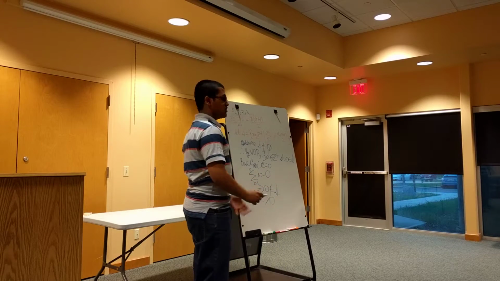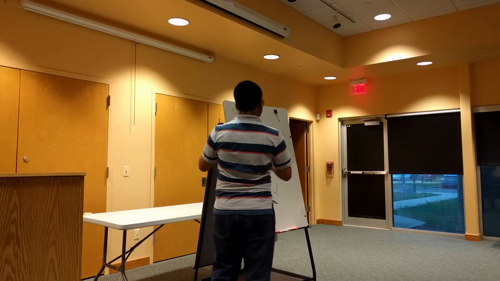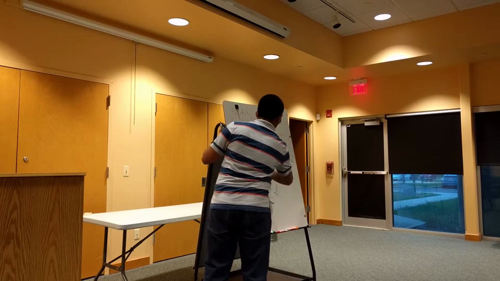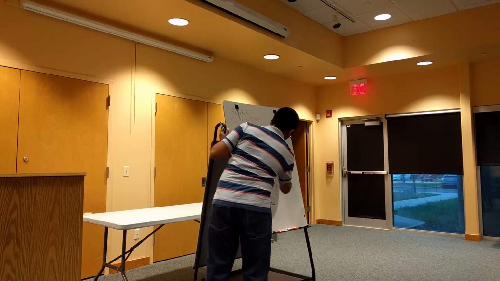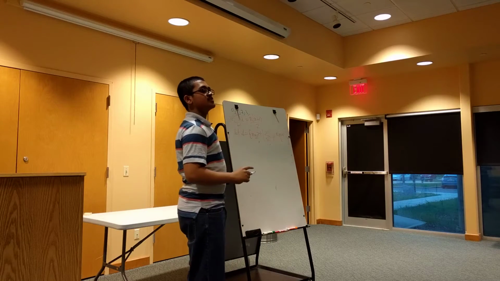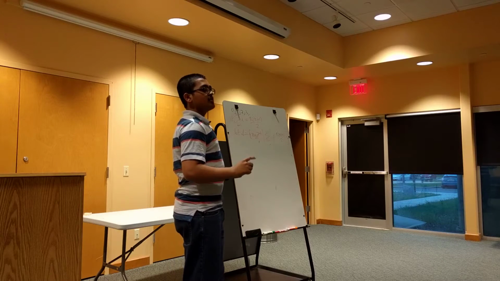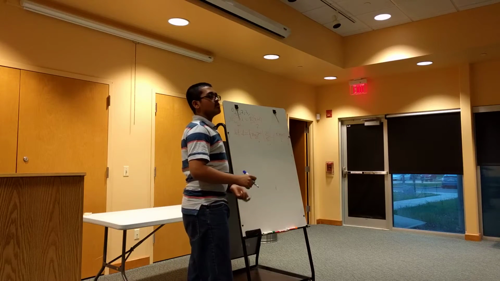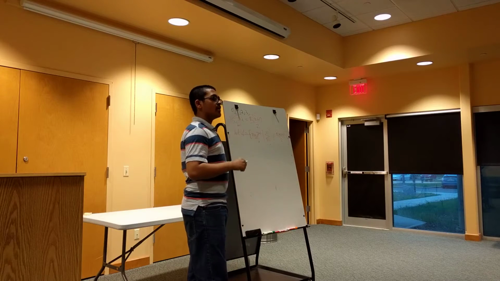So what can we do with this information? Let me just erase a little bit. Since E is greater than 0, and E is the smallest element in set S, that means E minus 1 is greater than or equal to 0, and it is also not in set S.